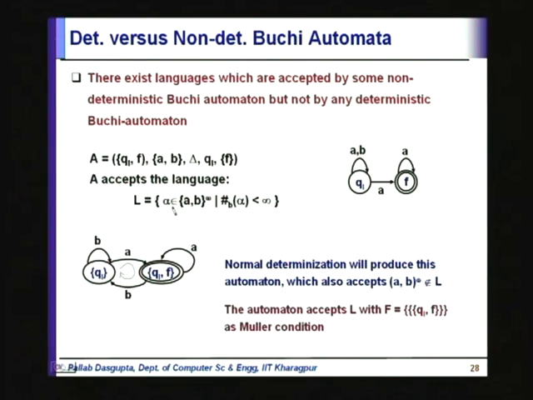So if we try to determinize that and then take the product and find out whether the accepting states are visited infinitely often, that is not going to work, right. So what should we do about that? However, we do see that if we change the acceptance condition to Muller acceptance, in this particular case our desired acceptance is met on the deterministic automaton.